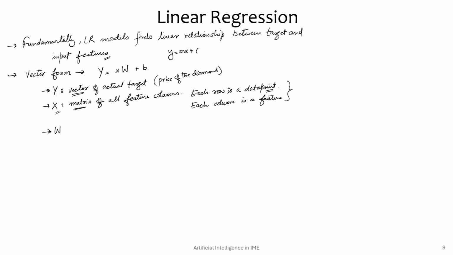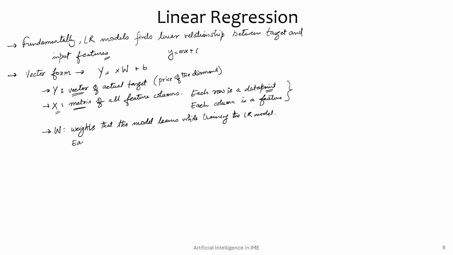Now, w is also a vector, and these are the weights of the model, weights that the model learns while training the LR model. Okay.